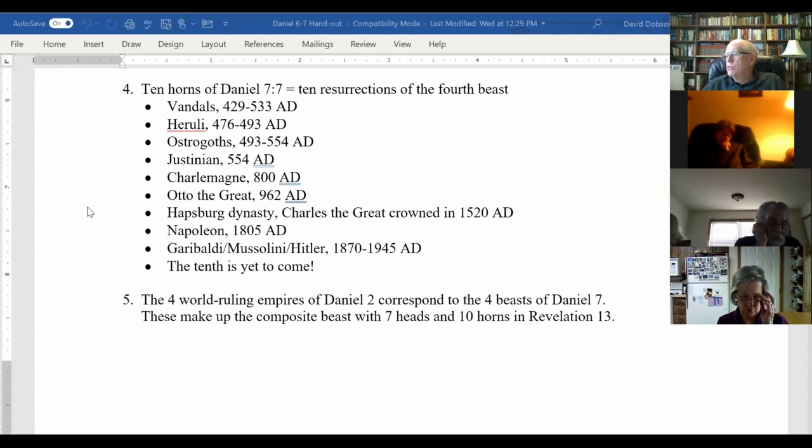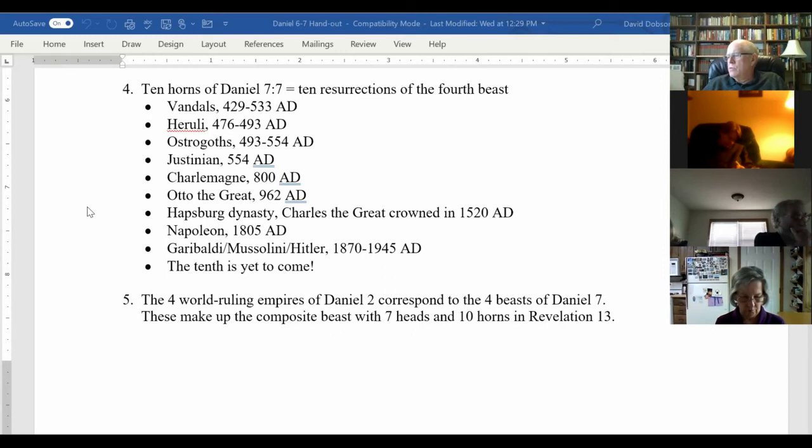The 10 horns that were on its head, and the other horn which came up, before which 3 fell, namely that horn which had eyes and a mouth which spoke pompous words, whose appearance was greater than his fellows. So this little horn, who has a mouth that speaks great things, is now the focus, more so than the others.